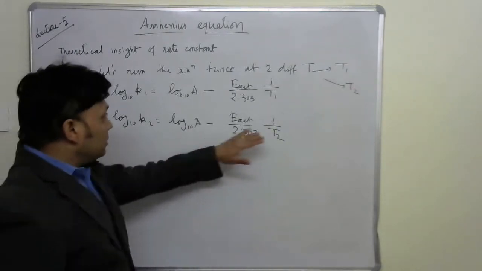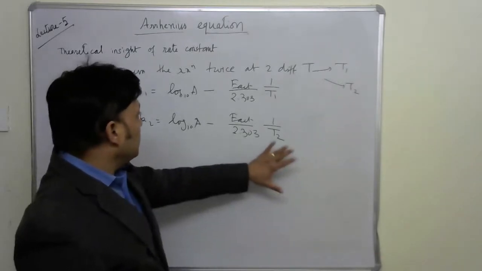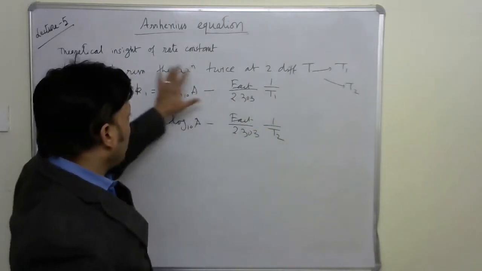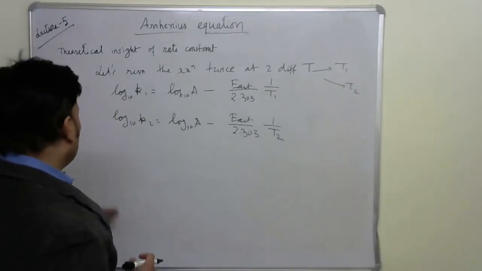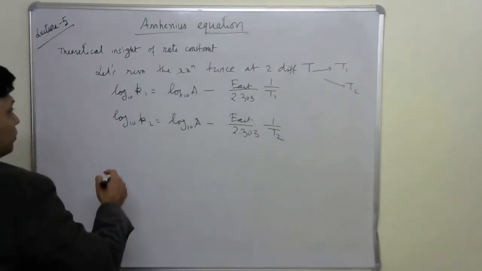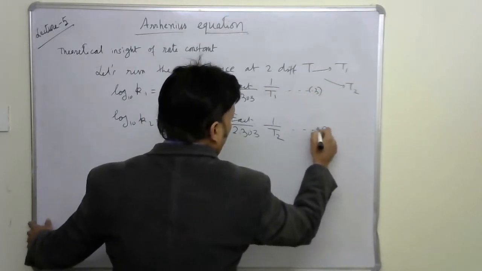From these two equations, we can easily figure out the energy of activation. We can call them equation number 3 and equation number 4.